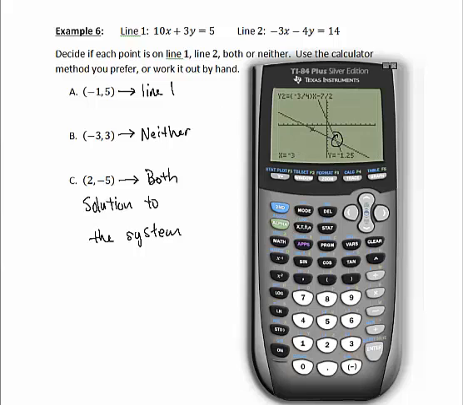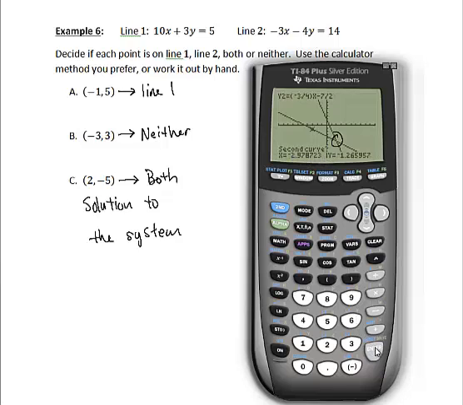We can make the calculator tell us what the coordinates of that point are. The easiest way to do that is to hit second, calculate, scroll down the list until you hit intersect. It's going to ask you about the first curve.